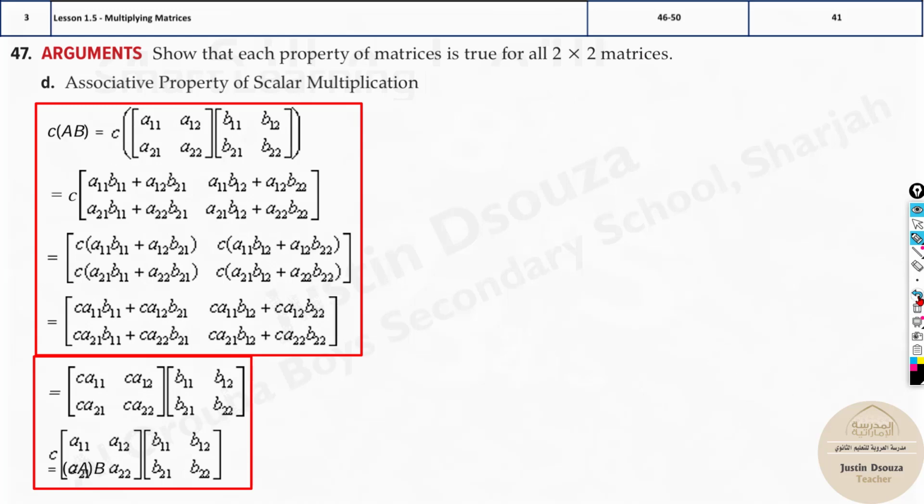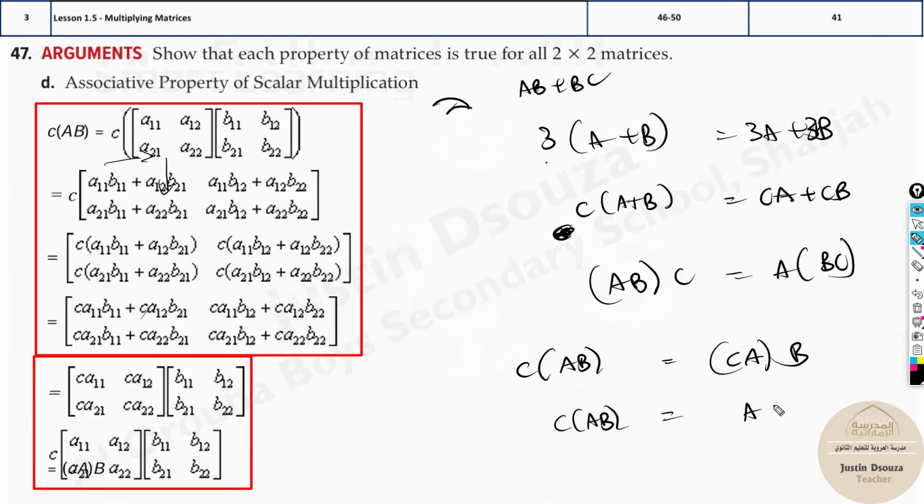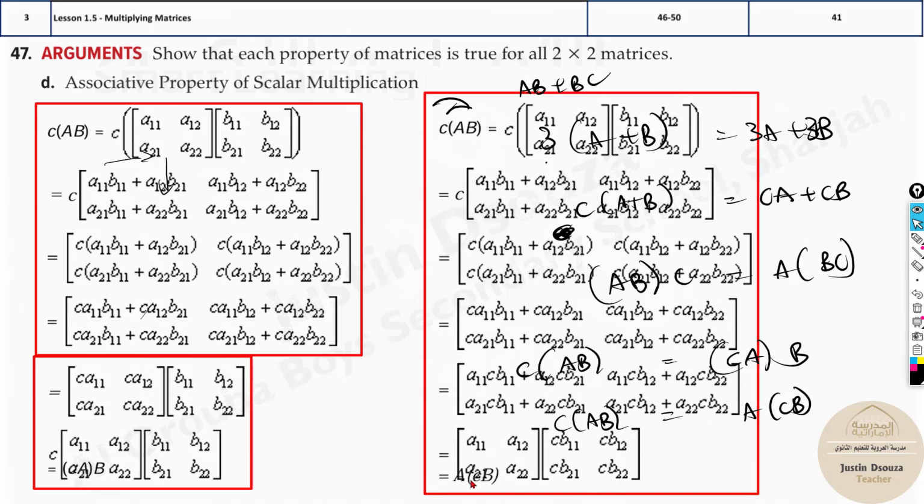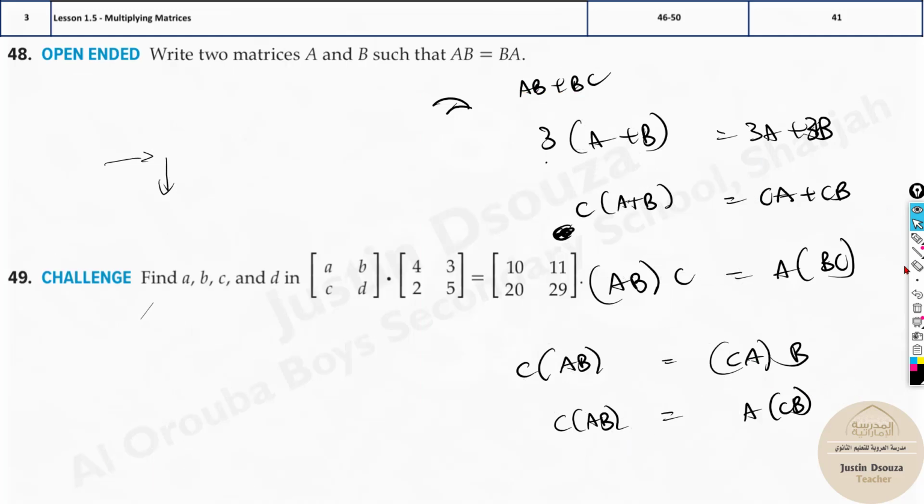I'll leave A out and I'll multiply the scalar with B and then multiply by A. That's also fine. That also works. Okay, it's not easily visible, but these are the answers. So you can see it's A times cB, and over here it is cA times B. So that's about the properties of multiplication.